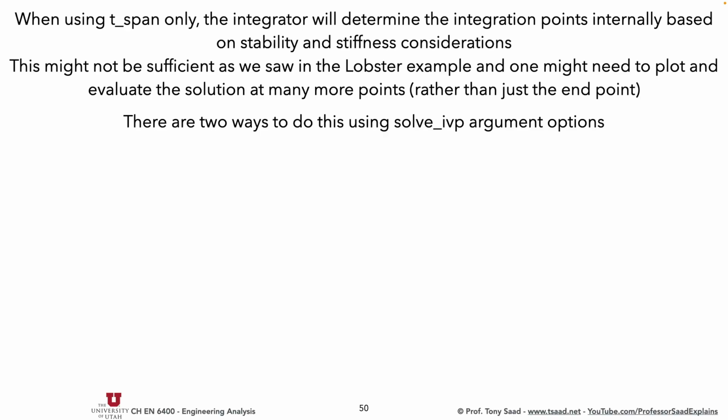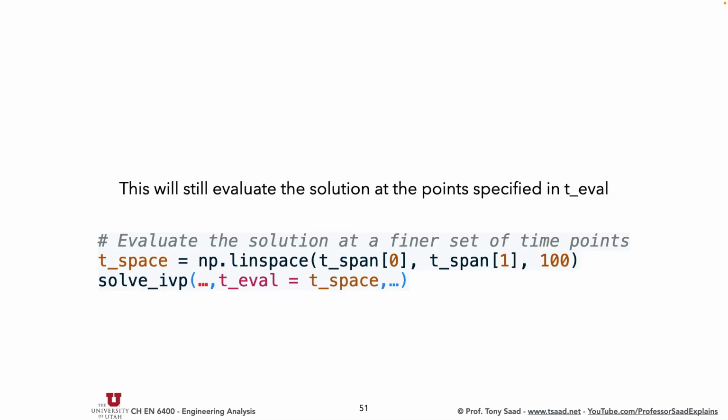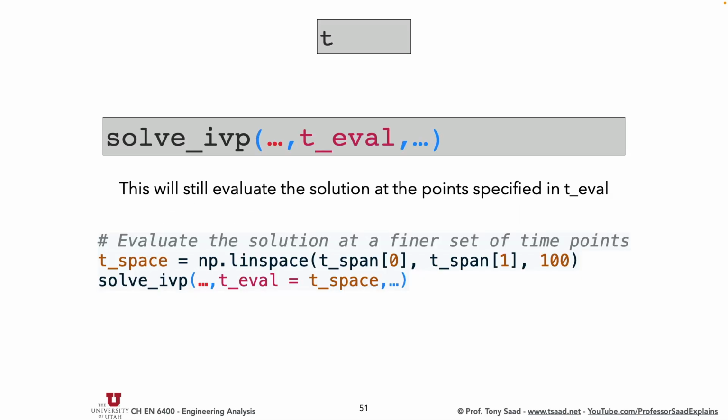So what we would do in this case for the lobster, we are going to provide about 100 time points or 200 time points between 0 and 20 minutes, right? And we will pass this to solve IVP. Now, be careful that your t-eval array of times needs to start at t0 and end at t-final.